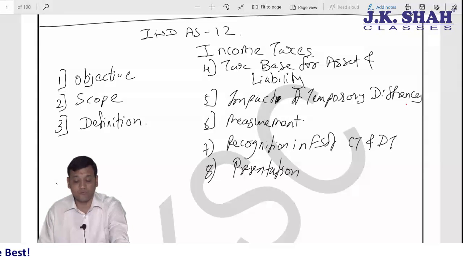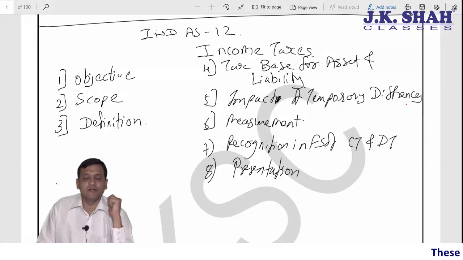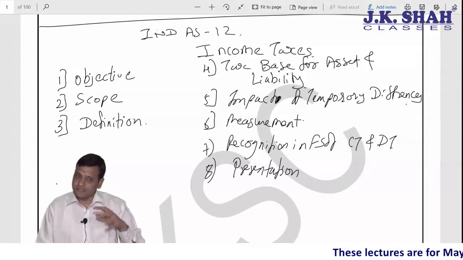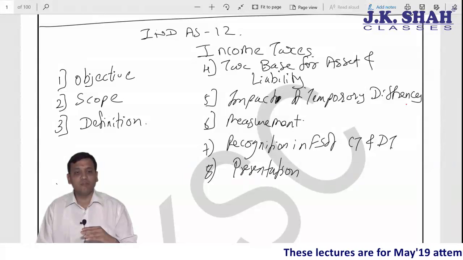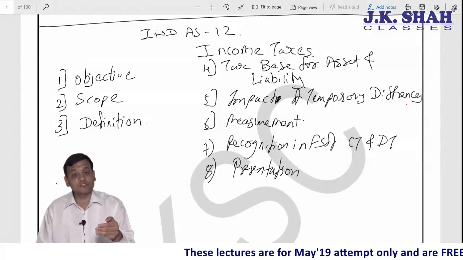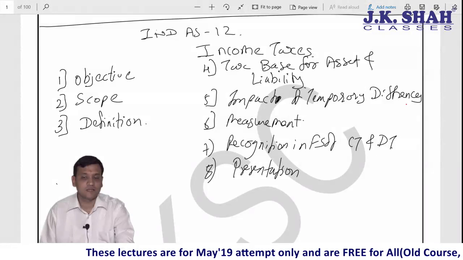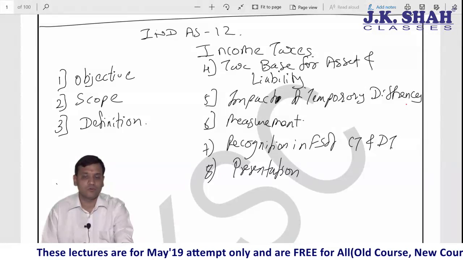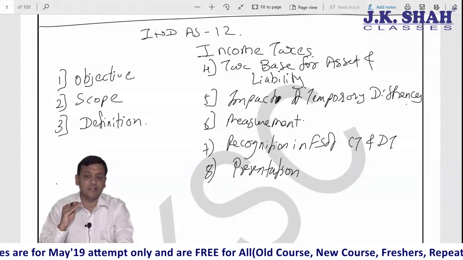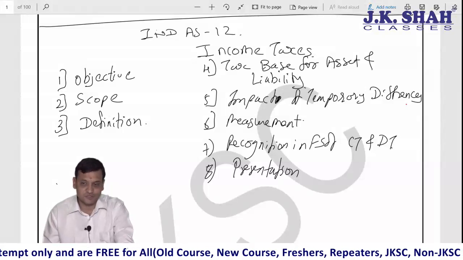The objective, why this standard? What is normally happening in our country is, we earn in this year, but we may be taxed either in the coming years or some future years. Or it may happen that we may be taxed now, though our income and expenses relate to future years as per accounts.